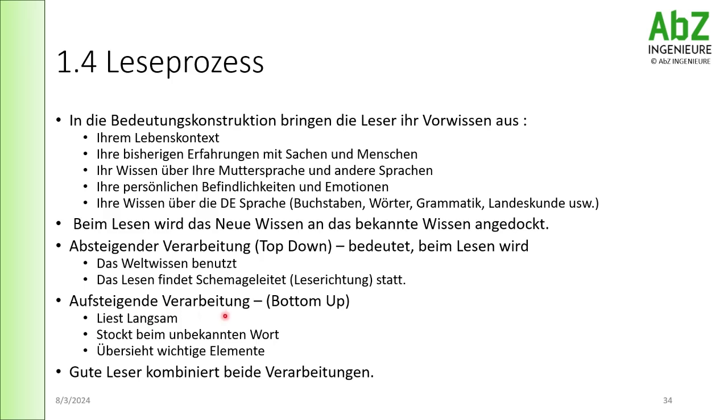So aufsteigende Verarbeitung, which means you start slowly, liest langsam, and then stockt bei unbekannten Wörtern. So when you don't know a particular word, you're basically stopped there, and the students or the readers tend to overlook the important element.